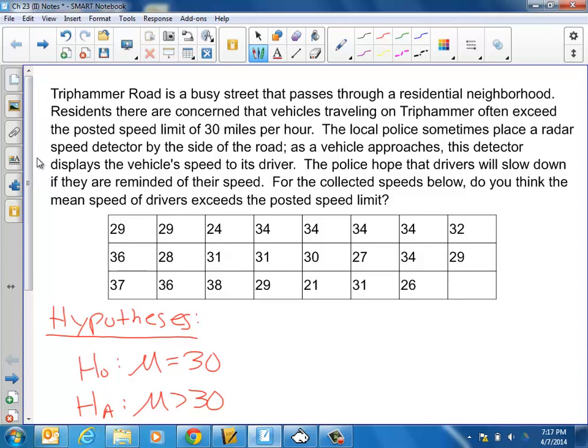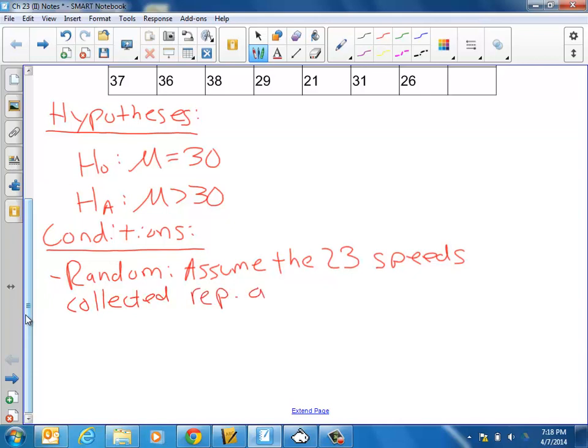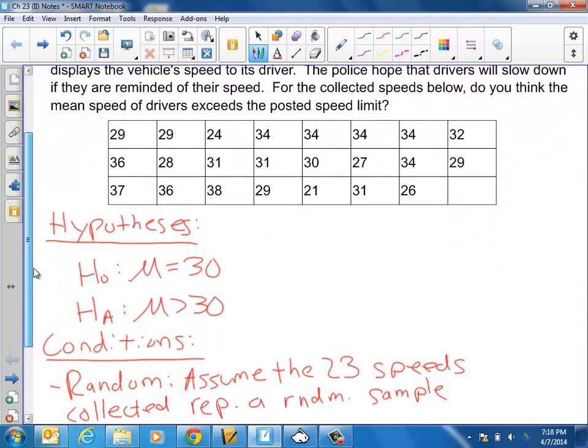With how police set up speed traps, that's unlikely, but we're going to assume that, and we're going to mark that we are assuming the 23 speeds collected represent a random sample. Not a huge problem to assume that.